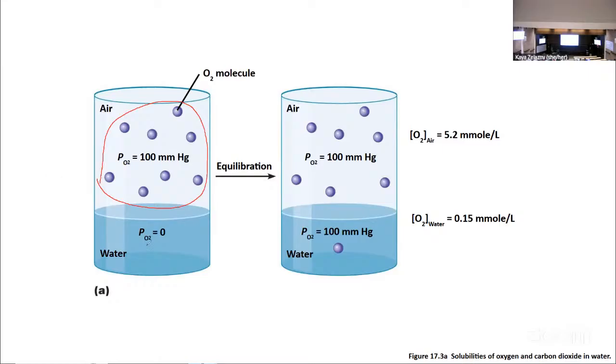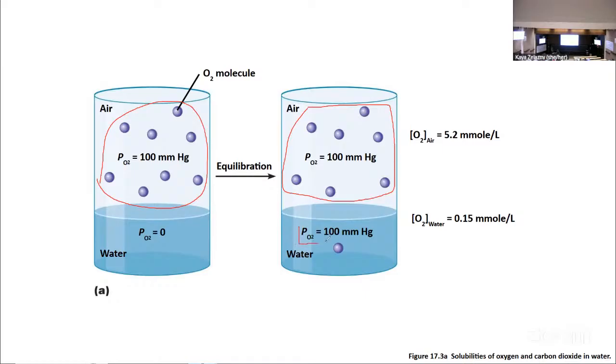And our starting condition is no oxygen in the water, partial pressure of 0 at our starting point, right? Everything likes to come to equilibrium. It's one of the laws of the universe, so it happens, right? One of our laws of thermodynamics. So we can see that after we come to equilibrium, we've got a partial pressure of 100 still here in the air. You can see this is kind of an open container, right?